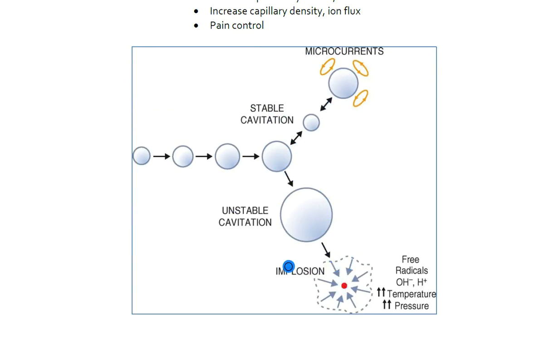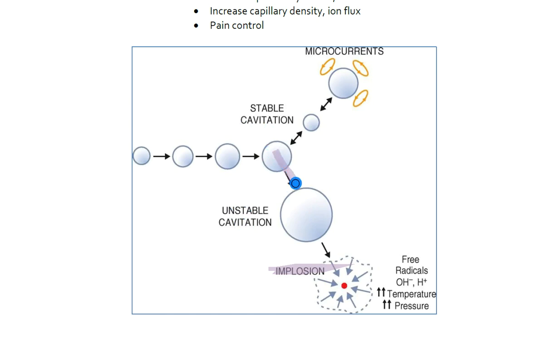Unstable implosion makes it seem kind of bad, but it's basically just saying that there's a disruption of that layer, and there's a change in temperature and pressure. We're trying to get more of these stable cavitations, but if you keep the ultrasound transducer head on an area without moving it, you cause those vibrations to accumulate.